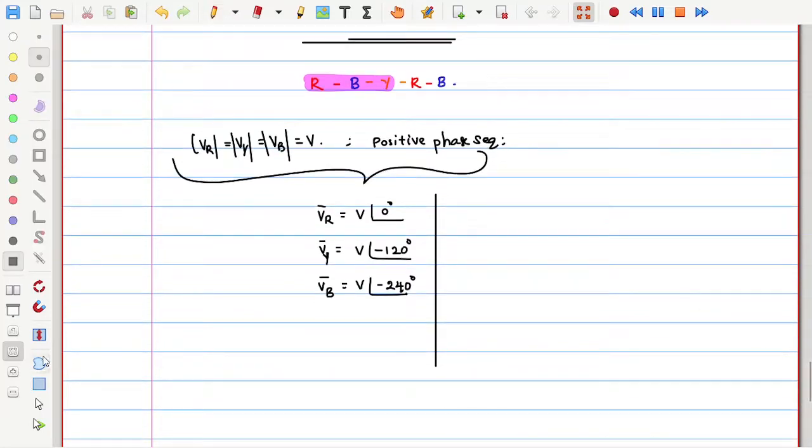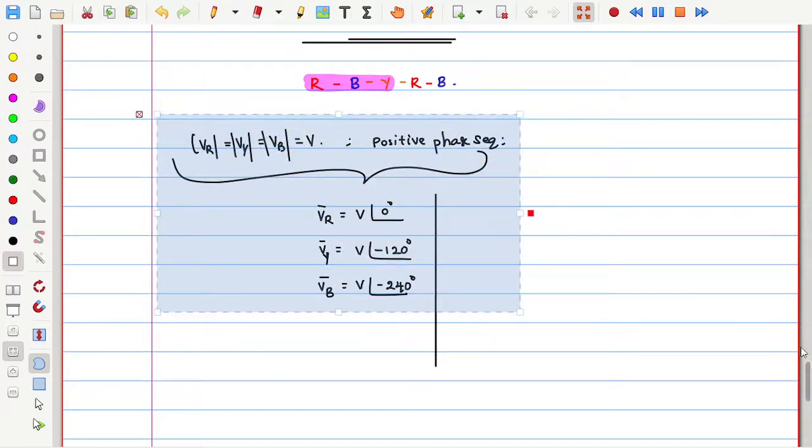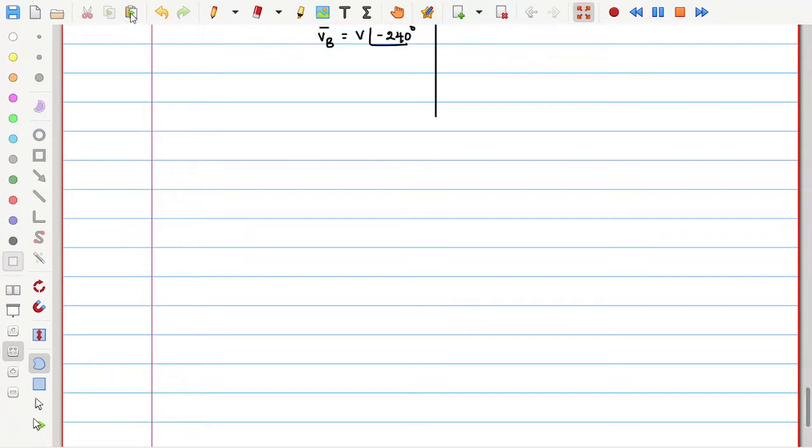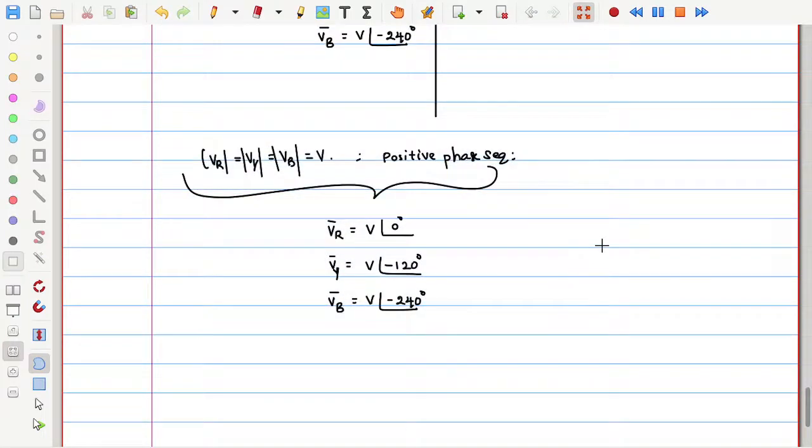Now in the same way, if I consider negative phase sequence, let me show that part. Negative phase sequence means you should understand R, B, Y in simple terms.